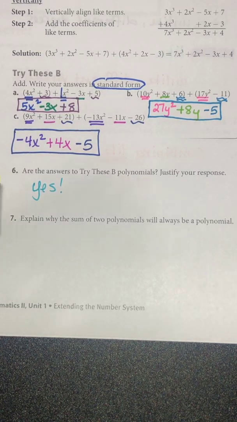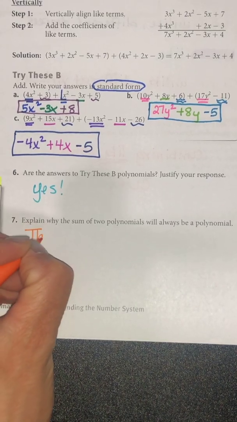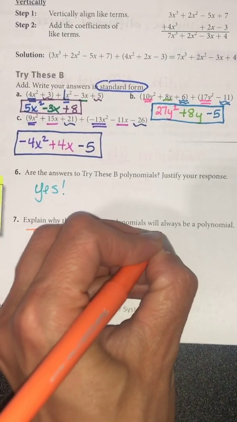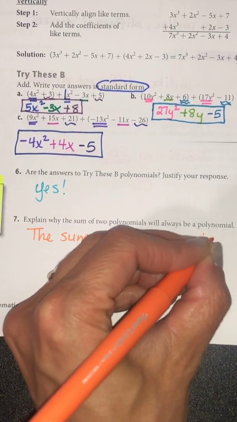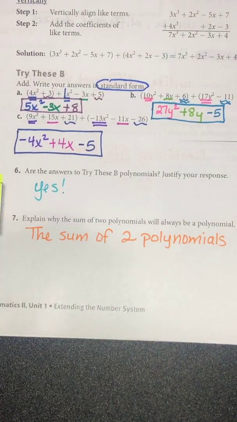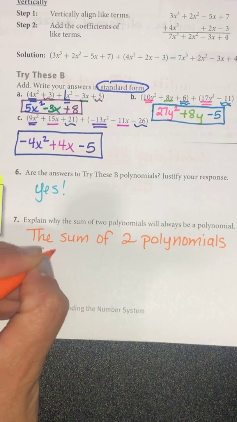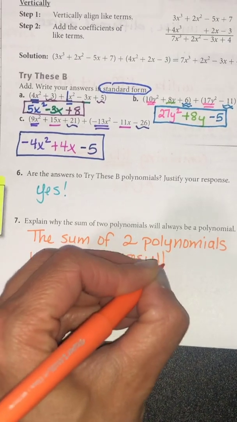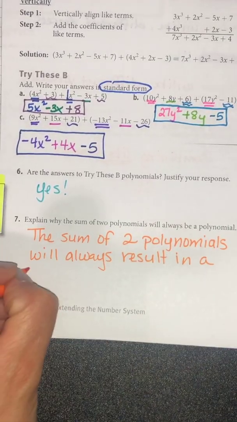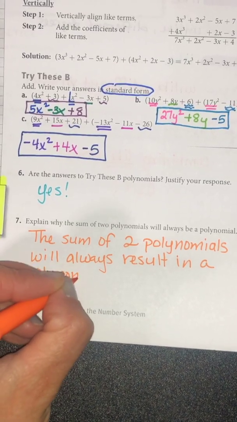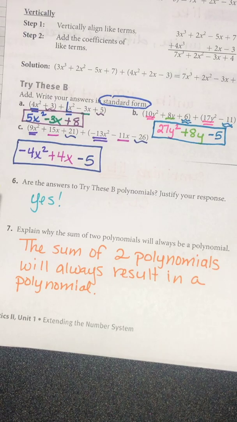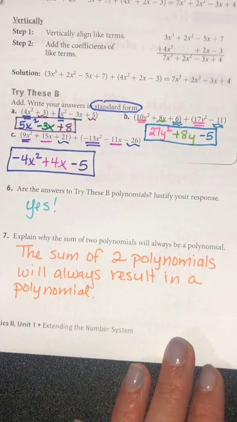So basically what we're going to say is the sum of two polynomials will always result in a polynomial. You can even put that in your own words if you want. When you add two polynomials together, you get a polynomial. As simple as that. You like it when it's simple, right, guys?